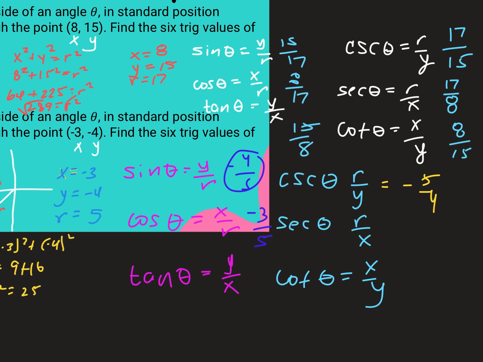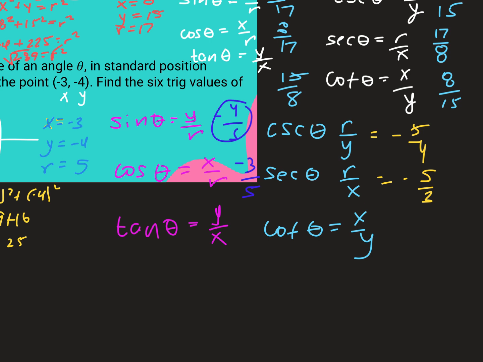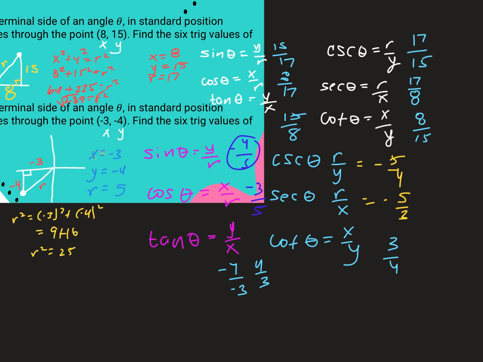So my reciprocal, secant, is -5 over 3. Then I look at tangent, which is y over x: -4 over -3, which becomes +4/3. So what's my cotangent? +3 over 4.